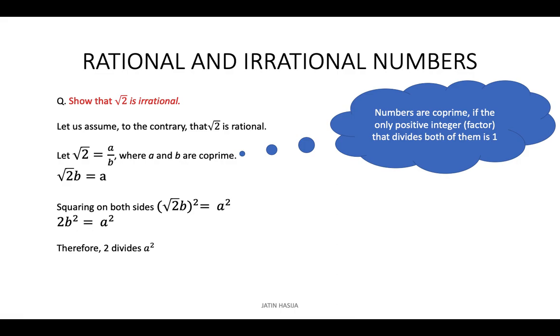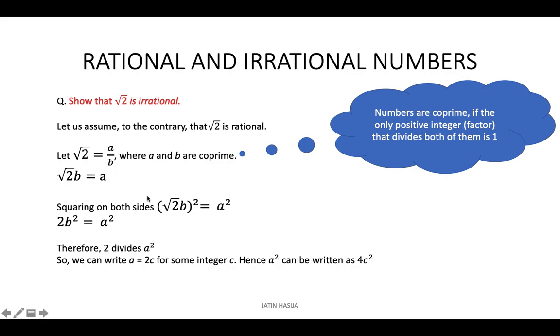Therefore, we come to a conclusion using this equation that a square is divisible by 2. It means b square can be written as a square upon 2. Now, if a square is divided by 2, we can also say that a can also be divided by 2. Hence, we can write a is equal to 2c for any integer c.